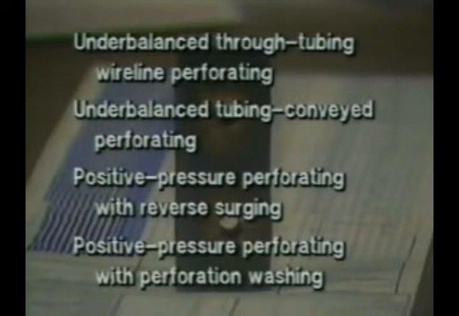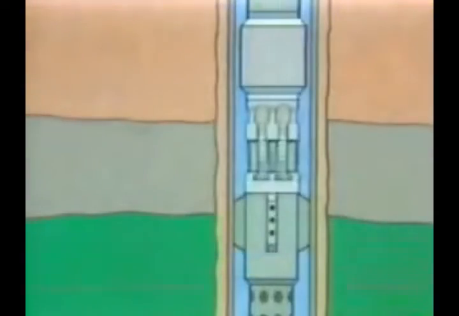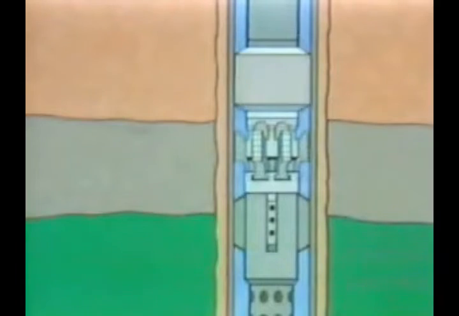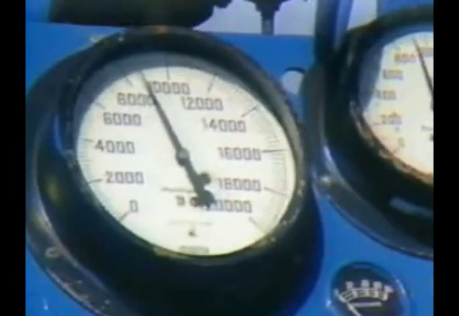perforation washing. In through tubing perforating, the tubing and packer are run and set in the cased unperforated well. Pressure control equipment is installed and tested. The gun assembly, including the charge carrier, weights, positioning tool, and collar locator, are run into the tubing on a single conductor cable.